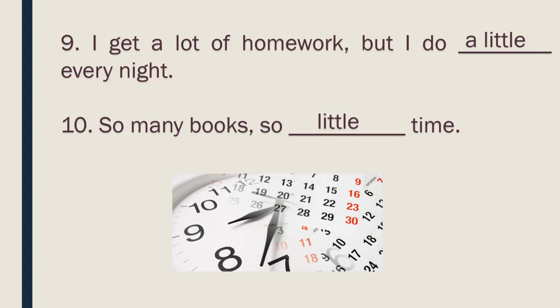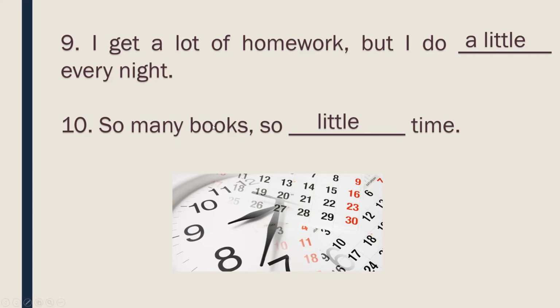So for affirmative, if I'm talking about something uncountable, I can use some or little. Here, I can't use some because I have the word so. Okay, so I can't put so some, like here, so sometime. It doesn't make sense. This is an expression. So many books, so little time.